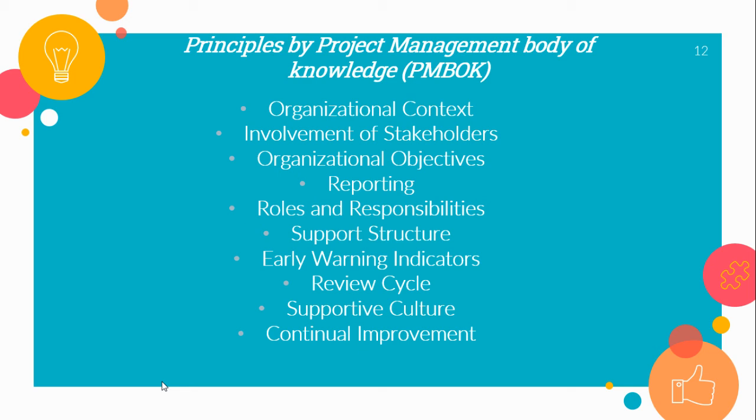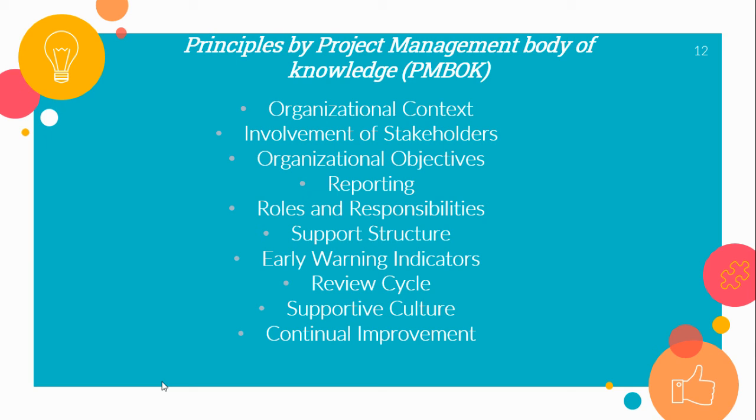So next is the involvement of stakeholders. The risk management process should involve the stakeholders at each and every step of decision making. They should remain aware of even the smallest decision made. It is further in the interest of the organization to understand the role that stakeholders can play at each step.